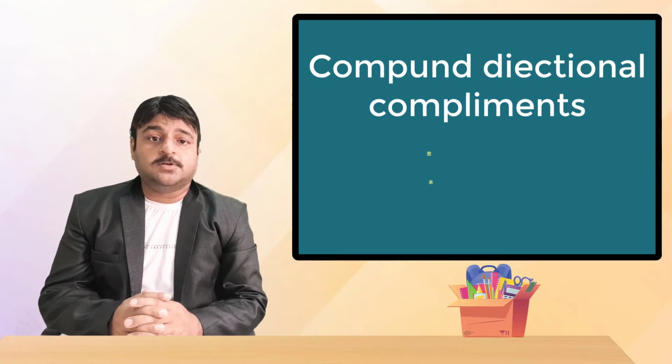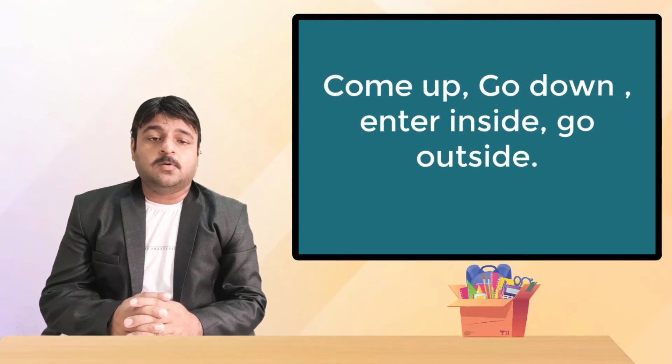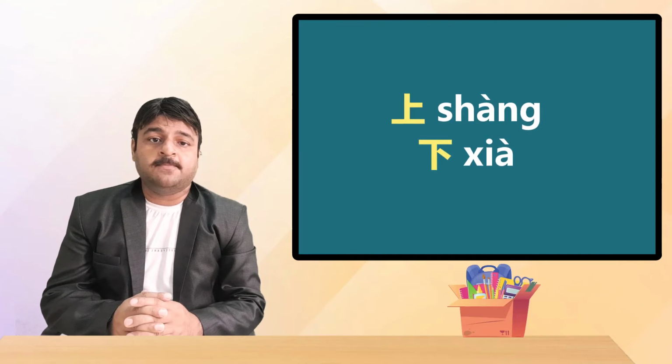Words that are associated with qu and lai get combined with qu and lai to make further directional complements. In English, we have words like to come up, to go down, to enter inside, to go outside. In Chinese, we also make these words by combining qu and lai with certain words like shang, xia.